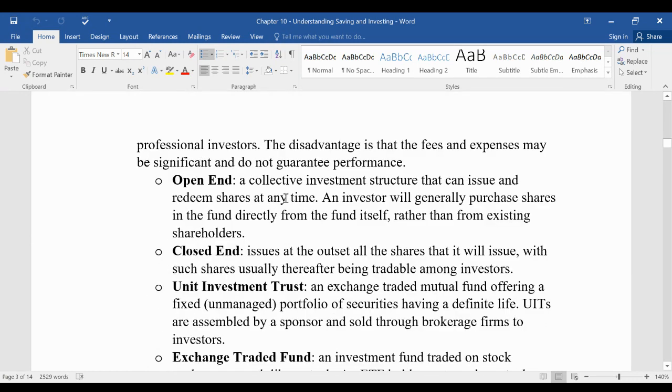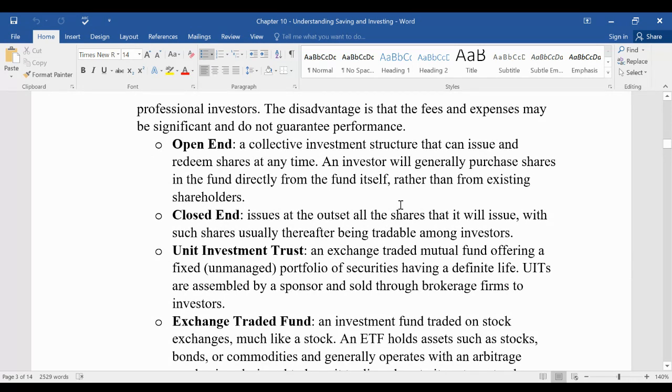Now, there's a lot of different types that were created. An open end fund means you're going to send money to the fund, and as new money comes in, you're going to almost create shares or get new shares issued at that time. A closed end fund means all the assets in the portfolio are in there.